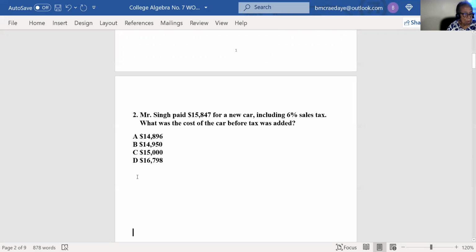So let me just put that in words. What he paid for the car is equal to the cost of the car plus 6% of the cost of the car, which is the sales tax.